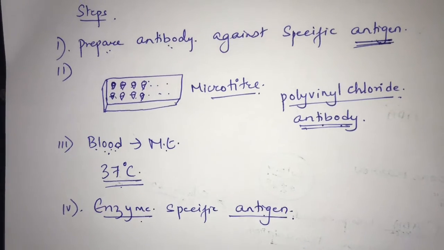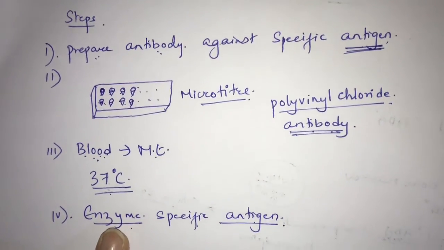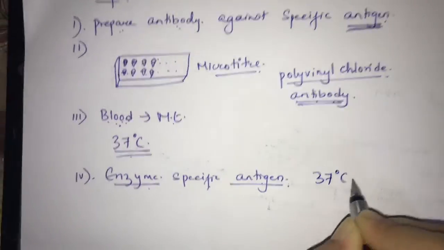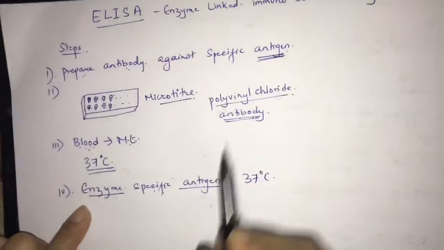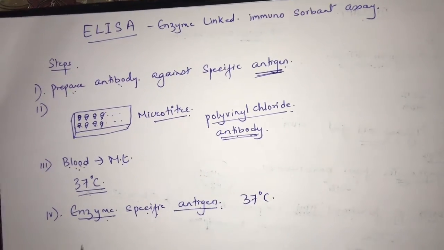So now we need to add the enzyme which is specific to the antigen, and again incubate it at 37 degrees Celsius.